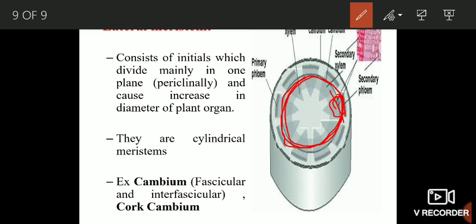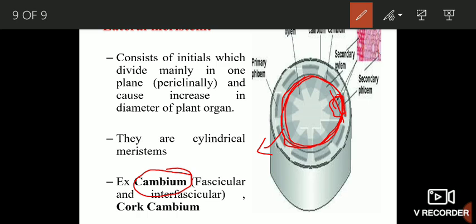One is the cambium, okay, which causes increase in the girth of plants by adding more xylem and phloem. We have to deal with this in a separate topic, secondary growth. Okay, this cambium, which includes both fascicular cambium and interfascicular cambium, it is a lateral meristem. Okay, because it leads to increase in the diameter of the plant. Okay, it is placed laterally.